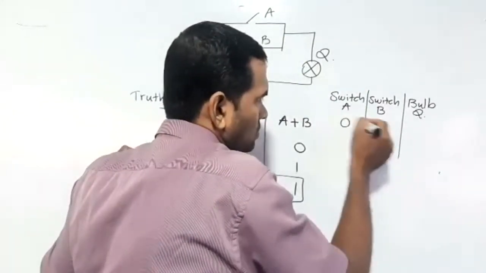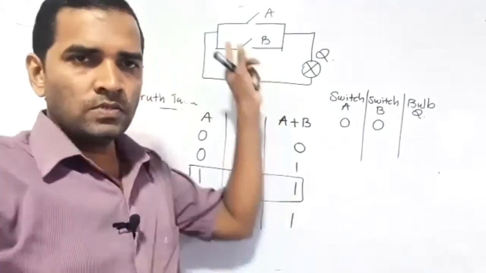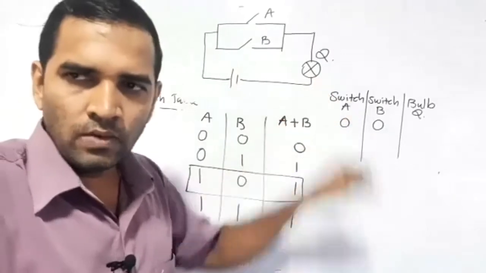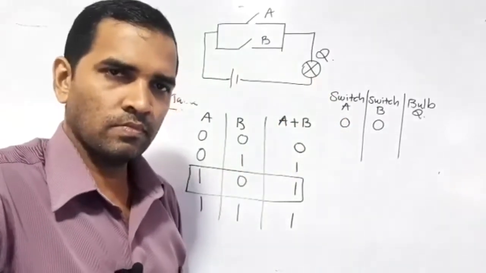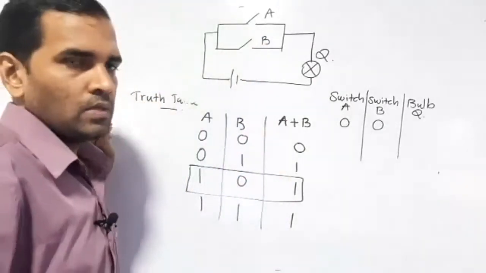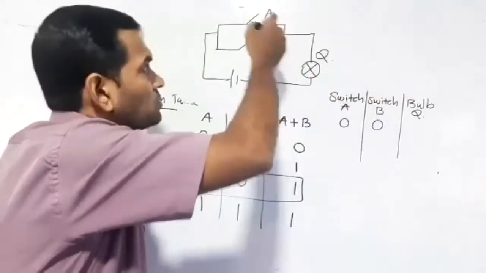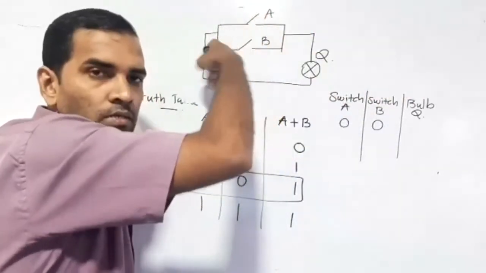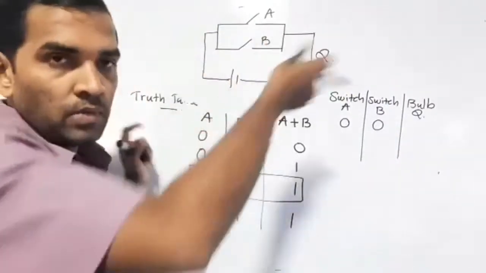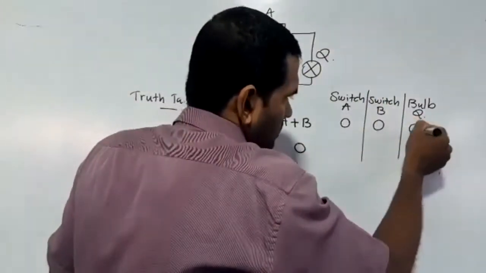Off means 0, we studied. Both are 0. Now look at this circuit. What about bulb Q? Will it work now? No, sir, no. Because both switches are off, electricity cannot be carried out, right? There is no way to go through them. So there is no electricity here. So the bulb doesn't work, 0.